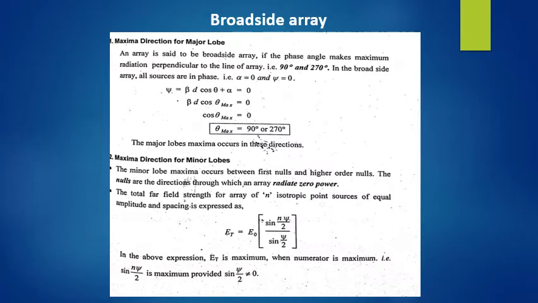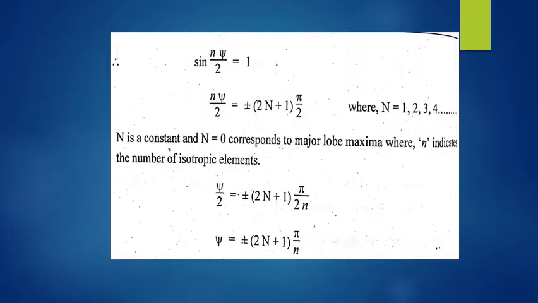Now in this expression, Et is maximum when the numerator is maximum, that is sin n psi by 2 is maximum, provided the denominator is not equal to 0. Therefore the numerator sin n psi by 2 is equal to 1 and n psi by 2 is equal to sin inverse of 1, that is odd multiples of pi by 2.